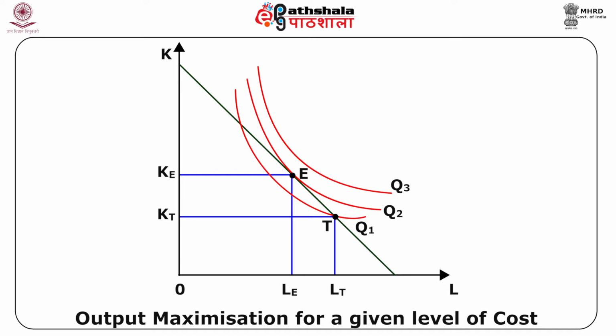That is, the firm can use LE and KE to produce Q2 level at the same cost as Q1. This is achieved at point E where the isoquant and isocost line are tangent to each other and the least cost input combination is achieved. Note, a higher output level Q3 cannot be achieved with cost C star.